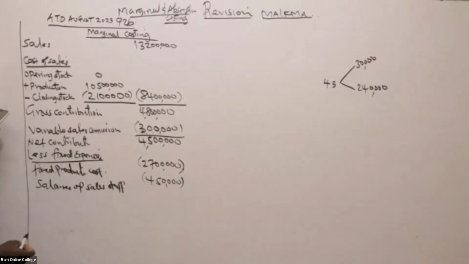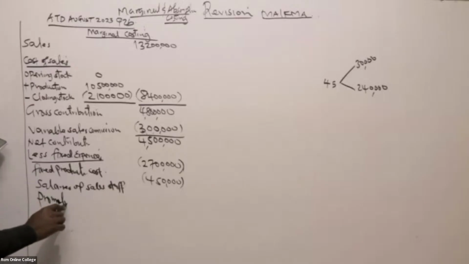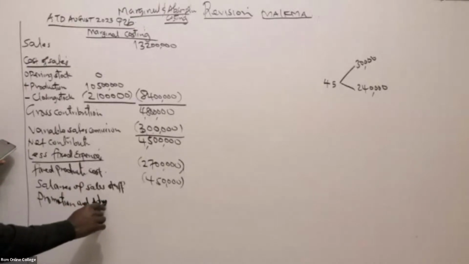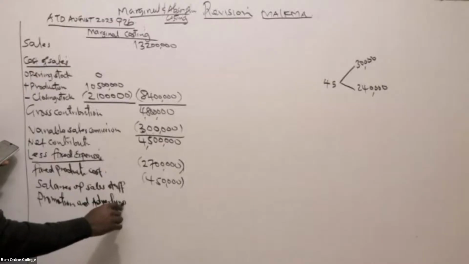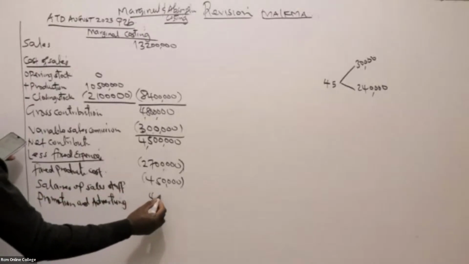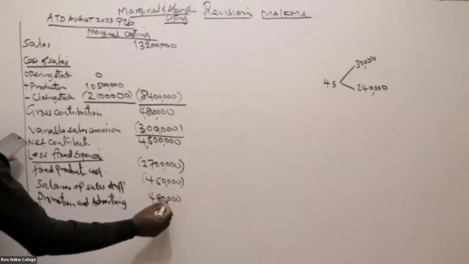Then we have promotion and advertising, 480,000.